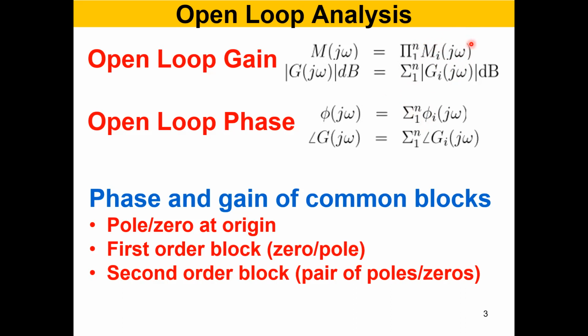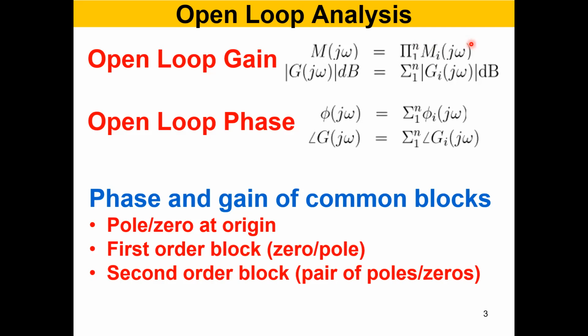An individual block has a gain. If it is absolute gain, you have to multiply all these gains. But if you represent the gain in dB, dB is power, so therefore you don't have to multiply, you need to add. You need to add powers together. As you know, when you multiply numbers, if you represent the numbers in terms of power, 10 to the power something, you just need to add the powers together. Powers, you don't multiply, okay, right.